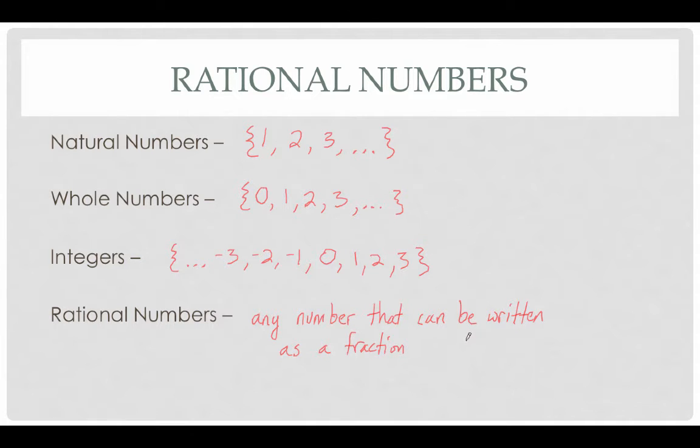So what that means is 3/4 would be a rational number. The number 8 would be a rational number because I can write it as 8 over 1. Negative 1/10 would be a rational number. 0.45 would be a rational number because that's 45 hundredths, and I can rewrite it as a fraction, 45 over 100. So we're going to be doing a lot with rational numbers.